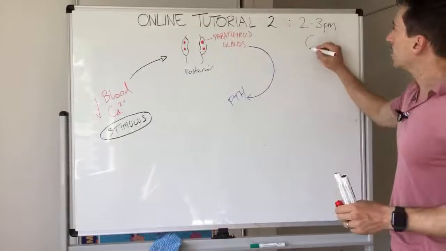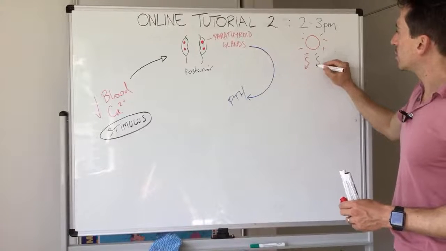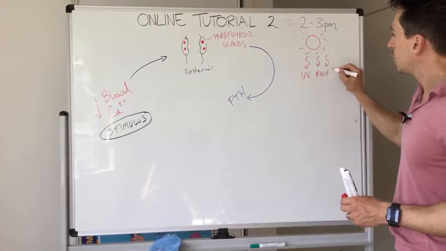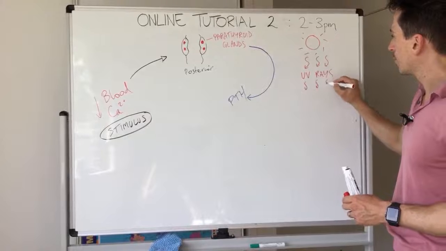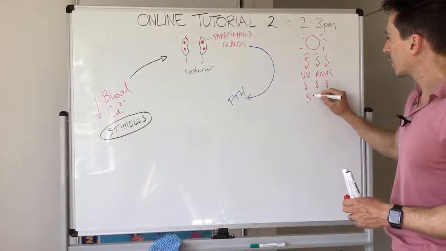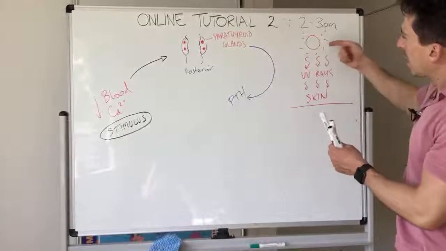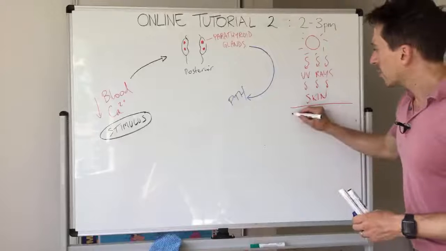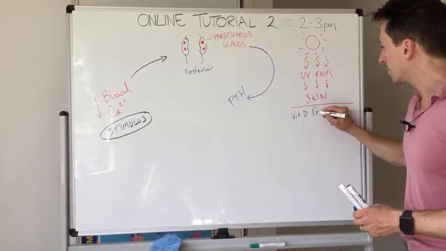So the sun is dropping UV rays onto you. These UV rays hit your skin. Now, UV rays, when they hit your skin, produce a vitamin D precursor. It's got a long name, you don't need to know it, so you can just say vitamin D precursor.